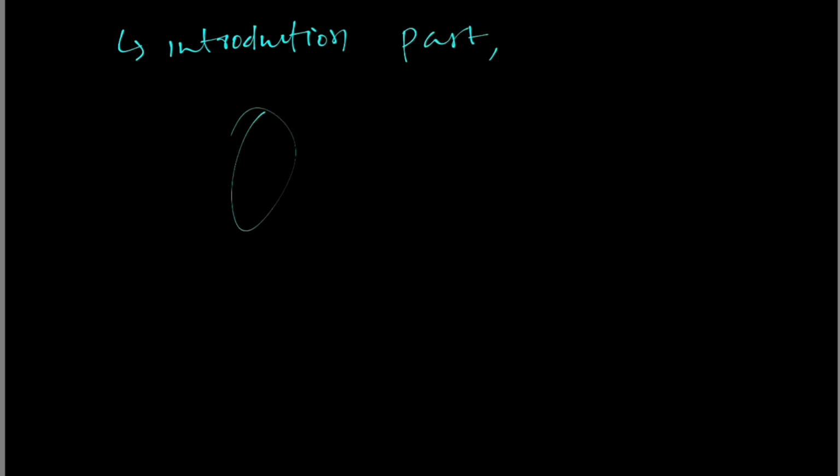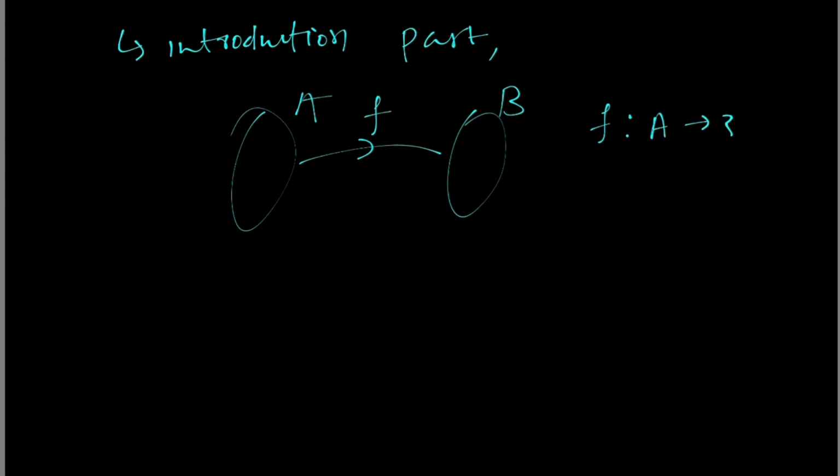So in the present class, what we have discussed till now is the introduction part, in which we have a set of domain and set of codomain, where A is the set of pre-images, B is the set of images, and f maintains a relation between set A and set B. That is, we write it as the function f is a mapping from A to B, where A is the set of inputs and B is the set of outputs.